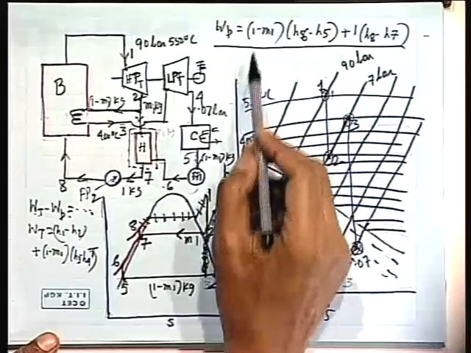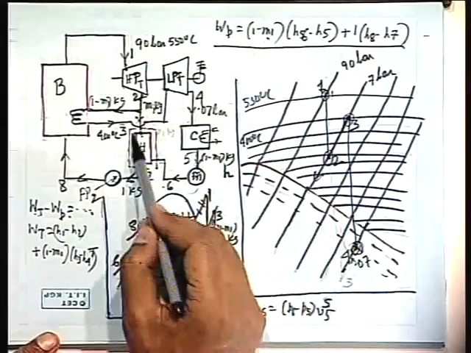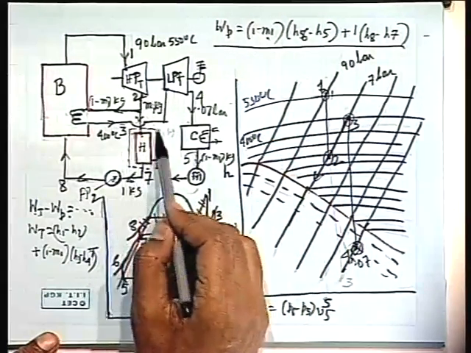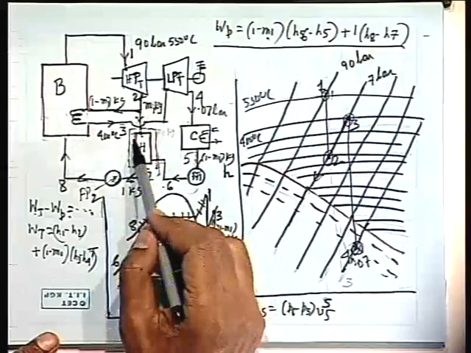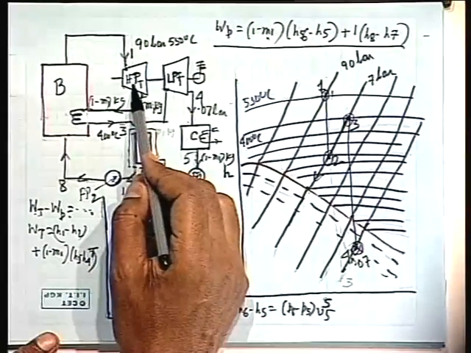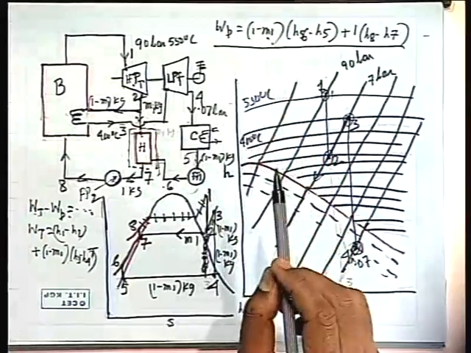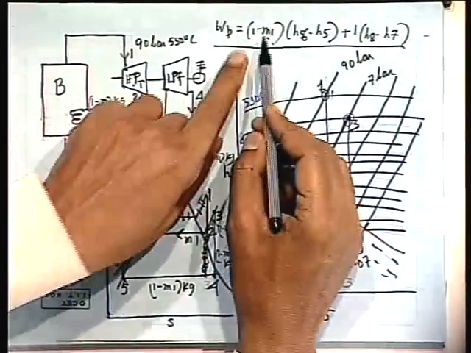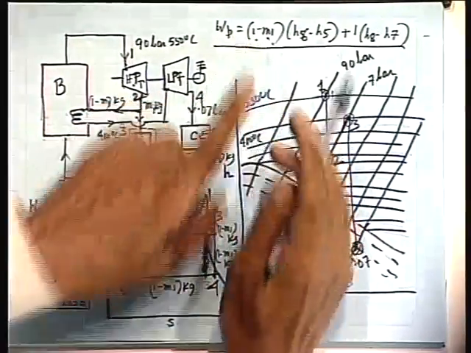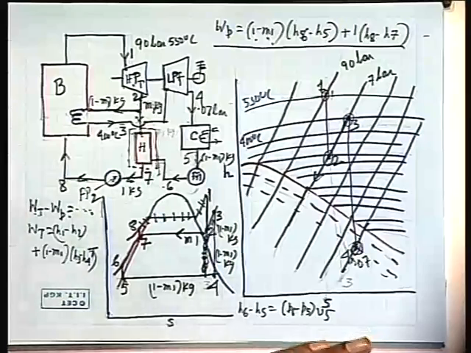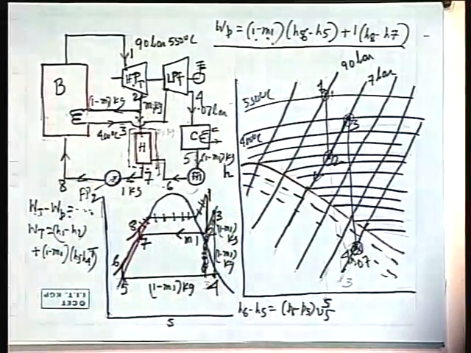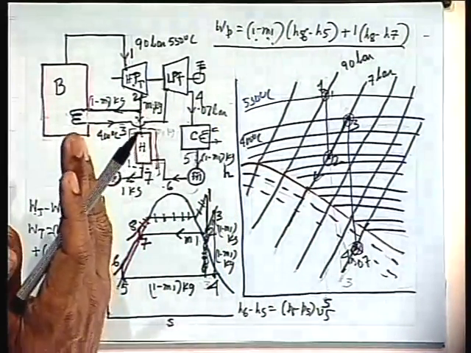So how to do the problem? You have to find out M1 by making this energy balance across the heater for 1 kg. But when you know this kg of flow rate, you can multiply the total pump work. So if you do it on the basis of 1 kg, then you will land up with the answer that this is the total pump work per 1 kg of steam flow through the HP turbine.